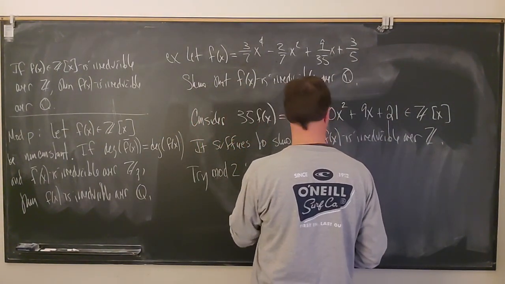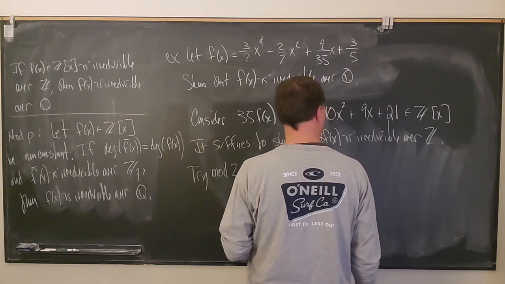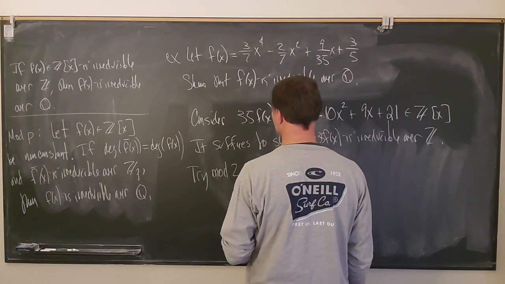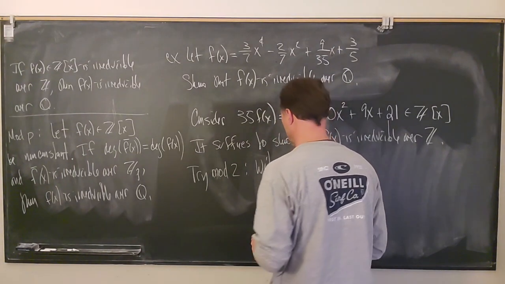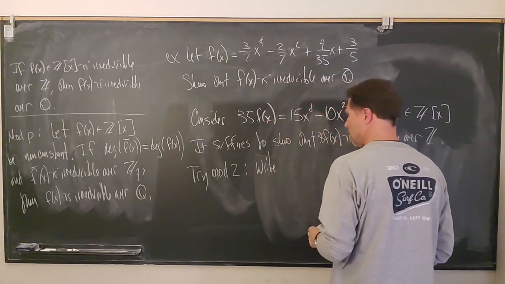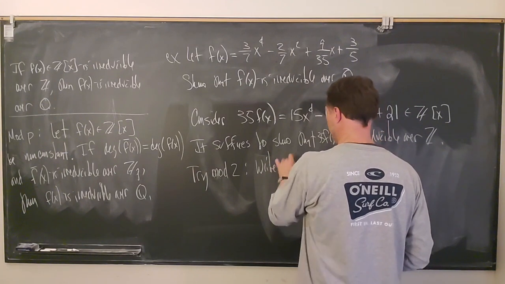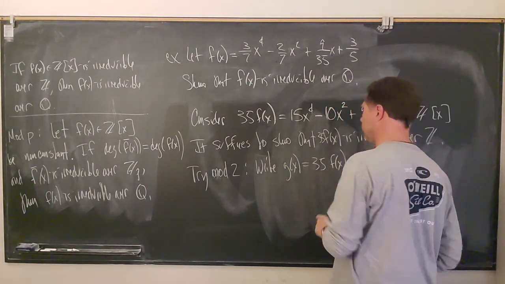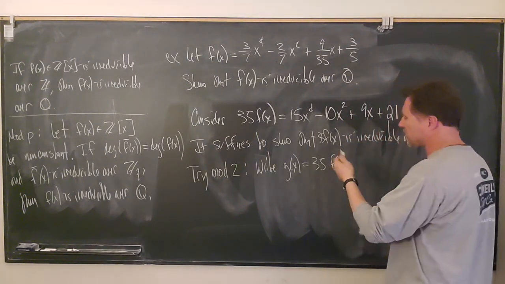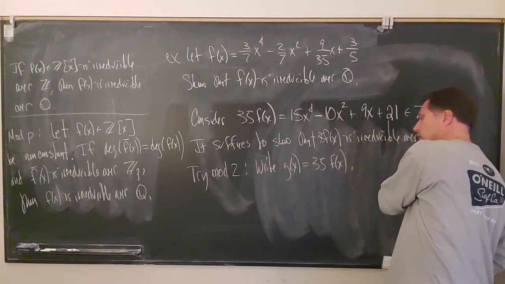Let's write g of x equal to 35 f of x, because I want to bar this and I don't want the weird notation of barring 35 f of x.